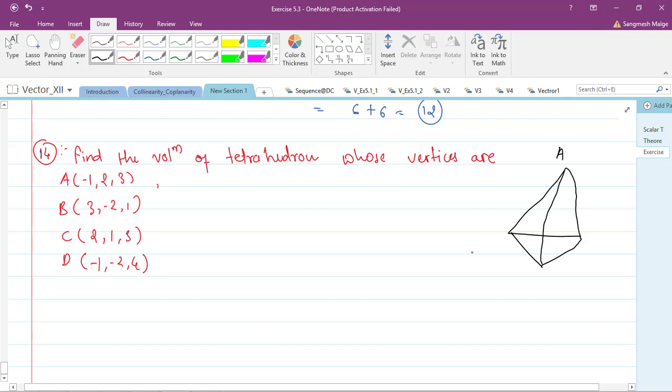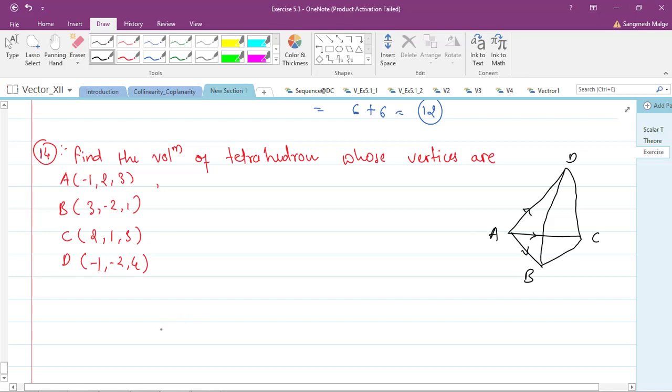Suppose this is A, this is B, C and D. So the coterminous edges are like BA, BD and BC. I will change the names to simpler ones: A, B, C and D. So the coterminous edges become AB bar, AC bar and AD bar. This becomes my coterminous edges.